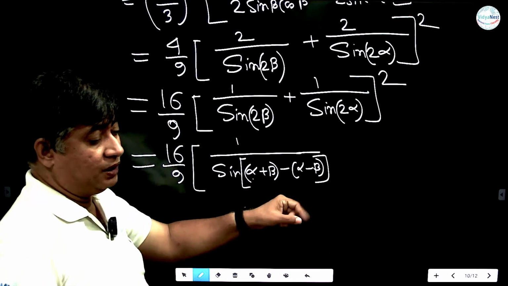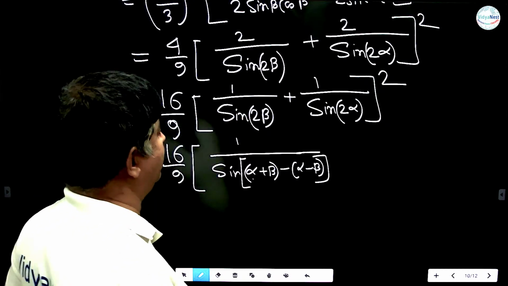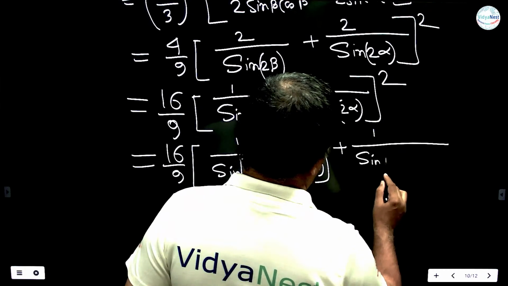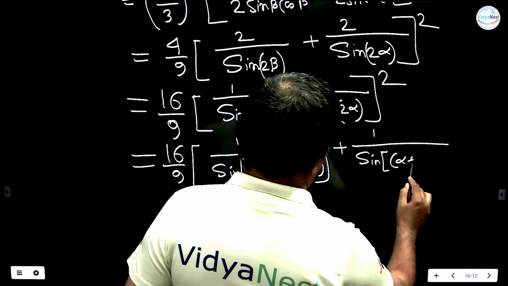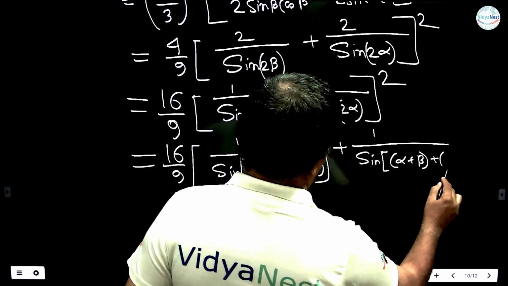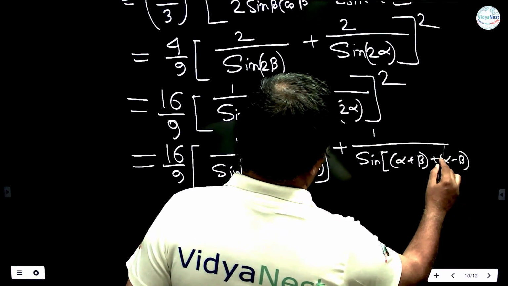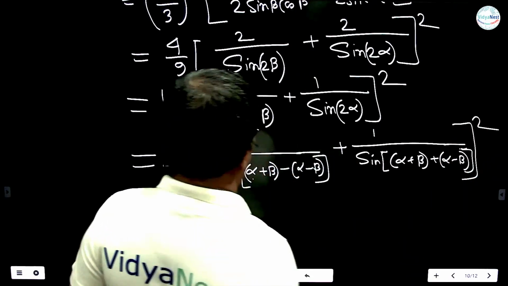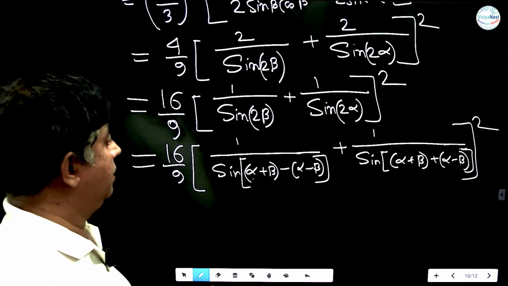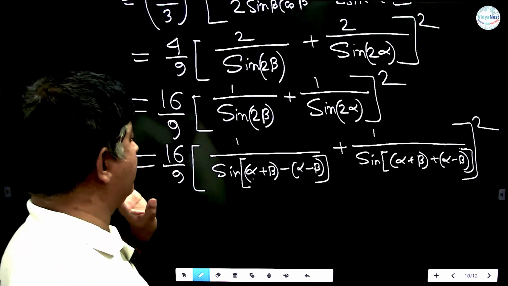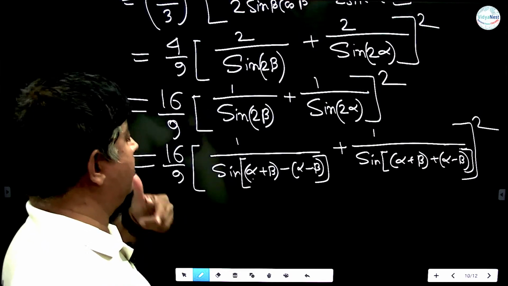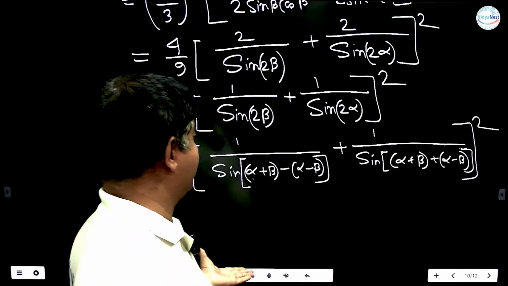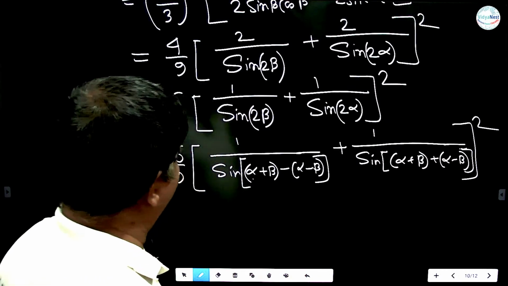Because if you remove the inner brackets, you will get back 2 beta. So we could reach up to this stage. Now, how to proceed? Now we have to take the LCM. We have to take the LCM, no other way.